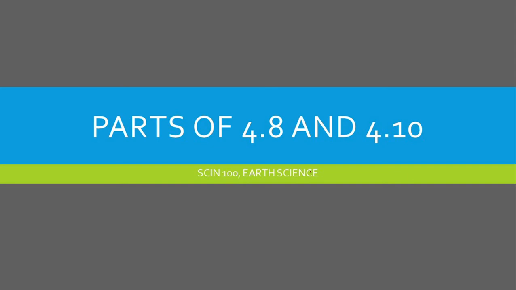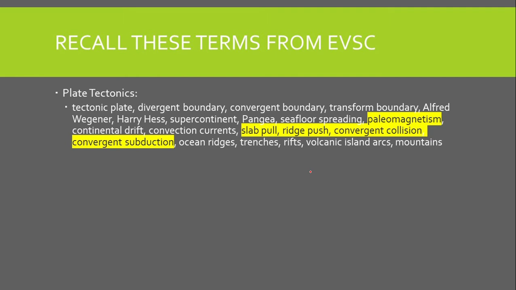From there on out, the book has 3 more sections, 4.8, 4.9, and 4.10. And 4.9 is sort of like applying the scientific method to plate tectonics and talking about what kind of evidence we have, and how we test it and so on. And I think it would be more important to just talk about a few specific things.